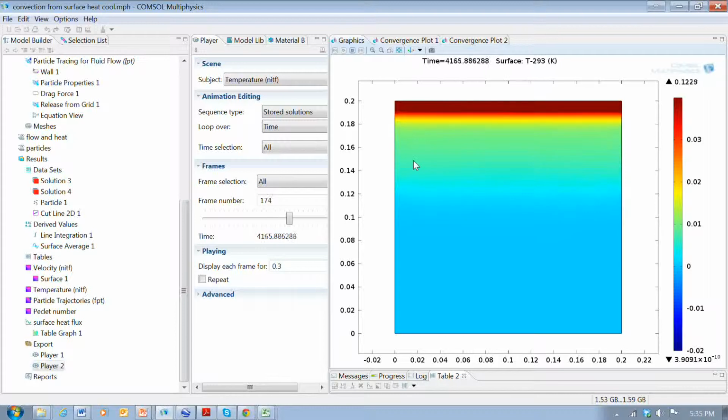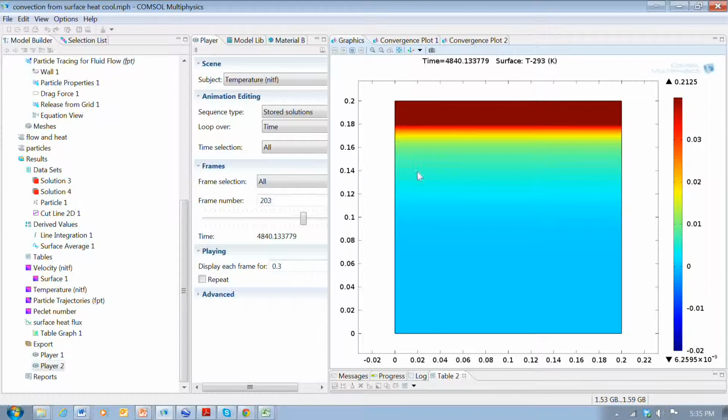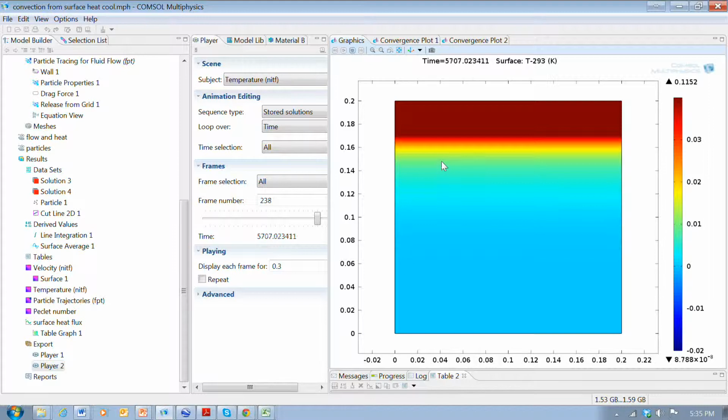That's the depth of the temperature anomaly. So it seems like what's happening is during heating, we have this temperature anomaly that penetrates down about 5 centimeters, and that forms the region that then is going to be active during the convection stage when cooling takes place.